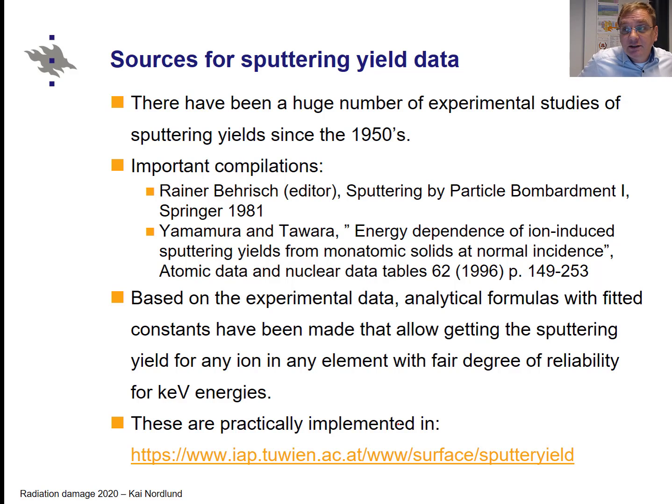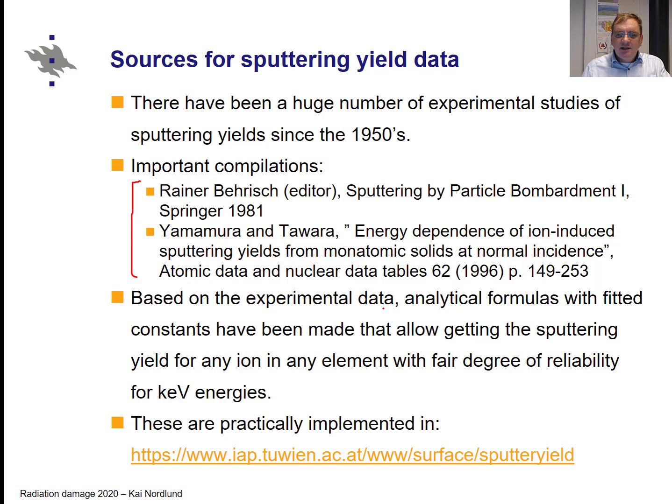Well, that was just one example of sputtering yield data, a new one, but generally usually not accounting for the crystal orientation. There have been a huge number of experimental studies of sputtering yields since the 1950s. And here are a couple of compilations, a review book and a review article of sputtering yield data from different sources.